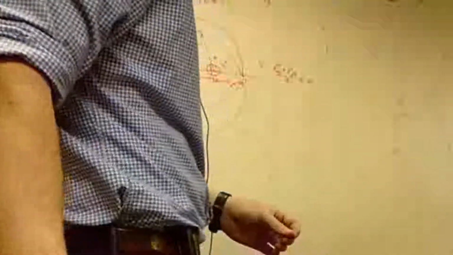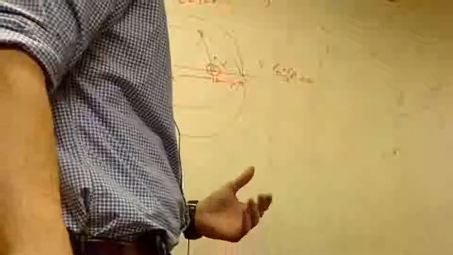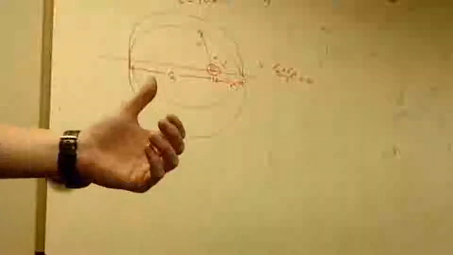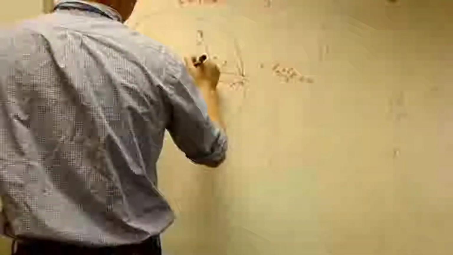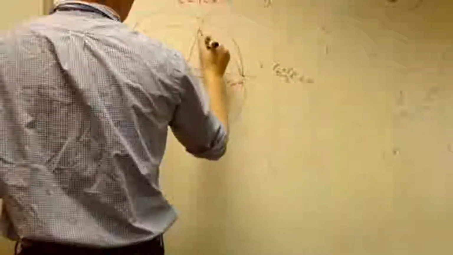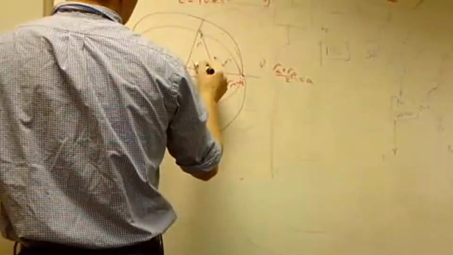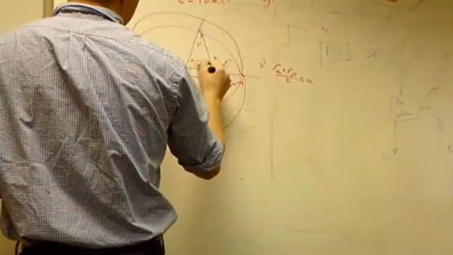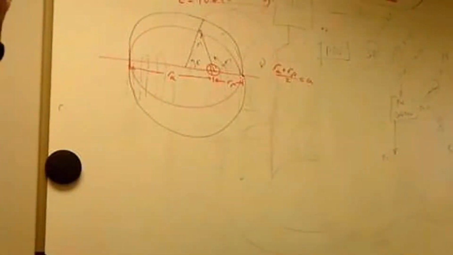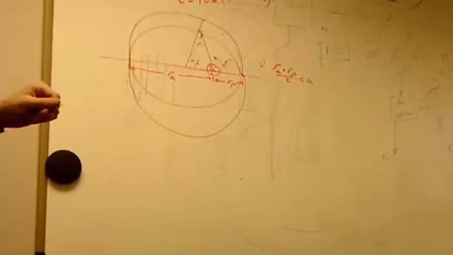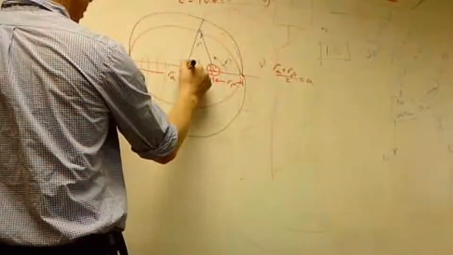Well, the trick here is that essentially what we're doing is we end up drawing a triangle, and our eccentric anomaly is this angle, right? Okay, and yeah, this is from the center. Sorry, let me do that.